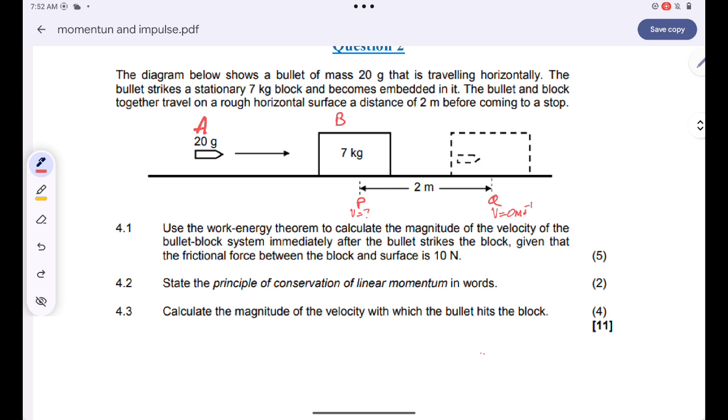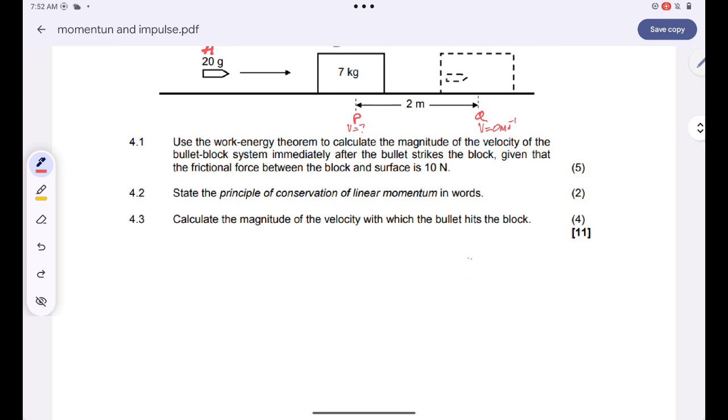If one would draw a free body diagram of the bullet block system after the bullet strikes the block, you'd find that the system is on top of a surface, hence we have a normal force. The bullet and the block are on the earth, so they experience a gravitational force.